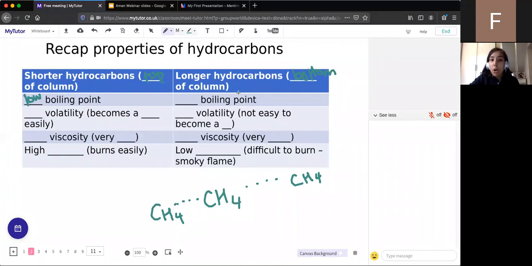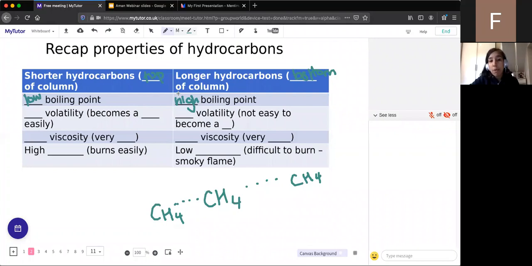Conversely then, the longer hydrocarbons have what boiling point? If the short ones have a low one, what do the longer hydrocarbons have? A high boiling point. Excellent, well done. And the reason for that is the exact opposite. They are made of more carbon and hydrogen atoms, which tends to mean that because they're longer, the intermolecular forces get stronger.